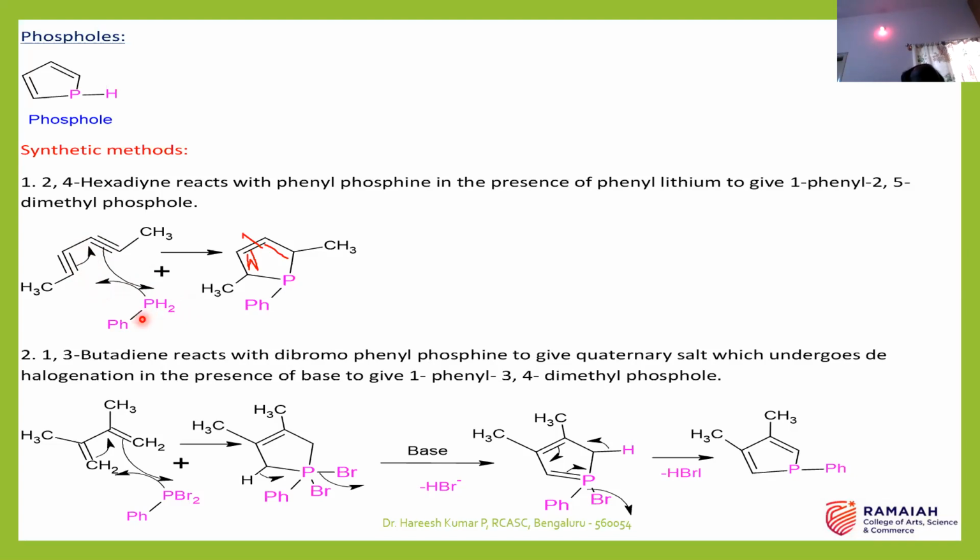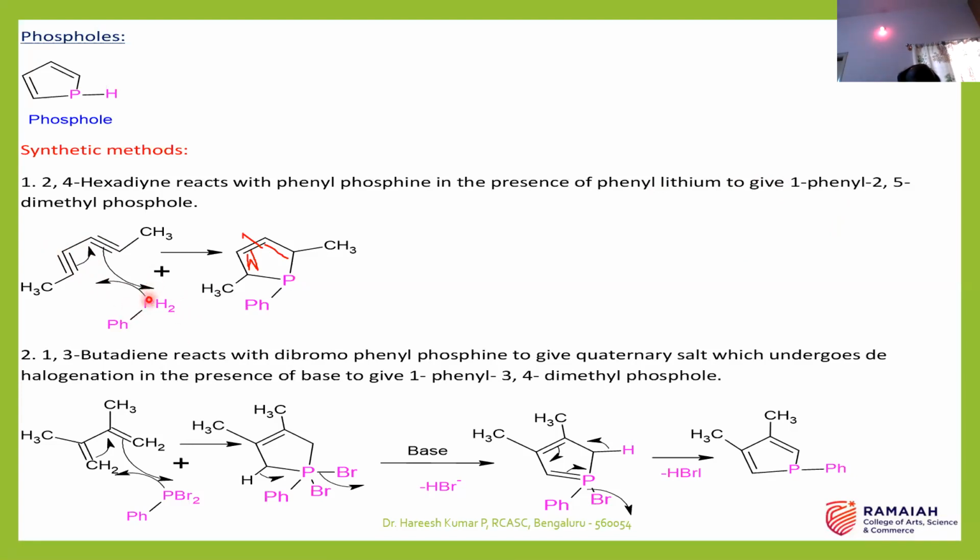How can I say that? The lone pair present on the phosphine can attack here, and of course this can pick up a proton, this proton.